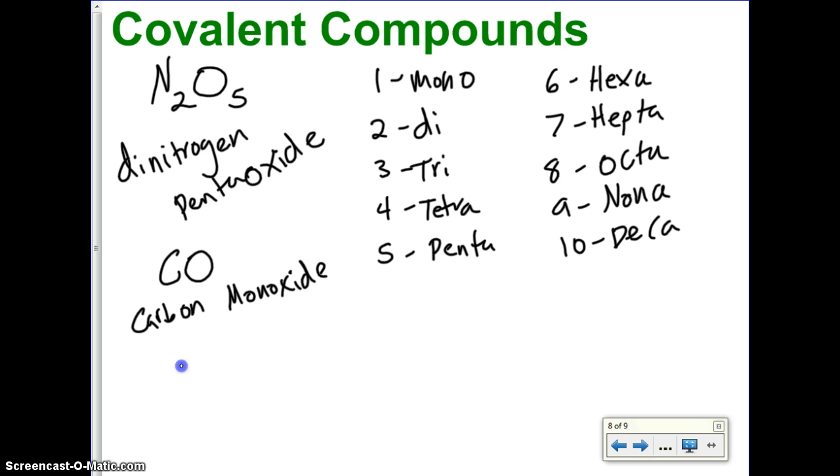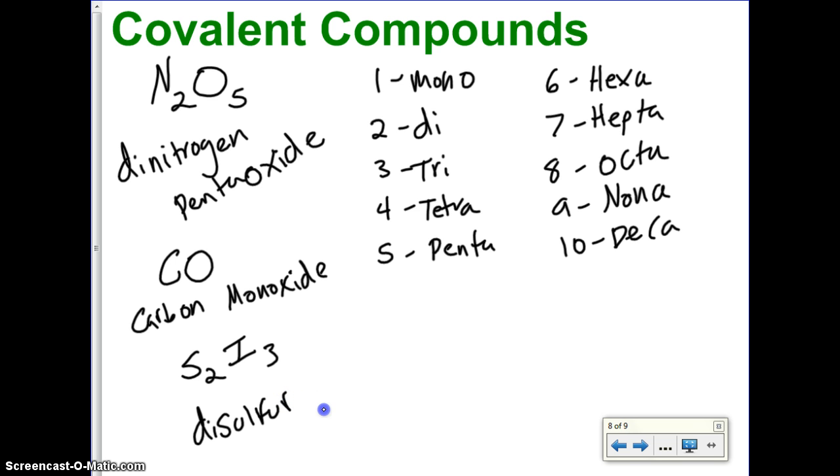Now, an exception to that rule is, let's say I have something like this, S2I3. I'm making up compounds, so this is probably not a real compound, but that's okay. It's good for naming processes. So S is sulfur, 2, so we're going to say disulfur.